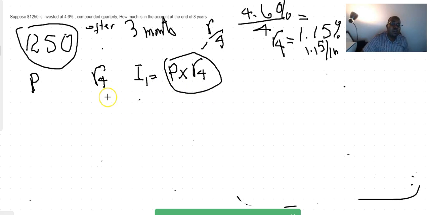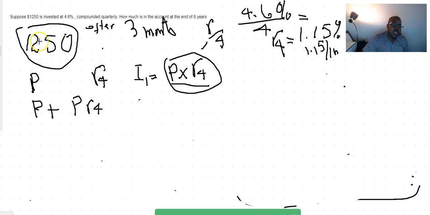So my capital after 3 months is gonna be the one that I have, plus the interest, which is P times R4. But after 1 quarter, after 2 quarters, what is it gonna be?